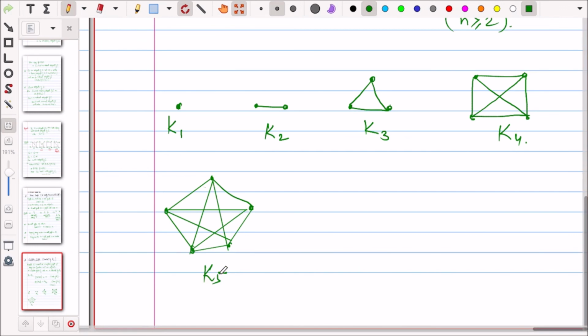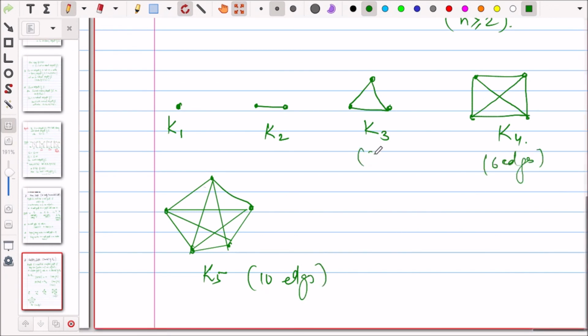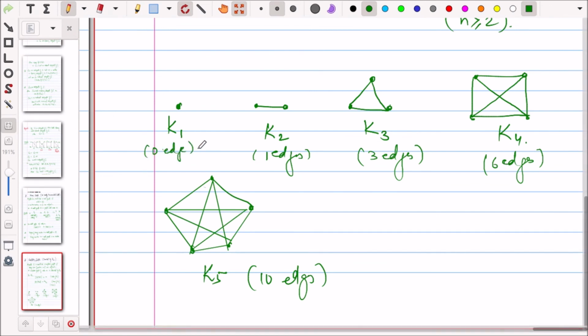With 10 edges, 6 edges, 3 edges, 1 edge, 2 vertices, 0 edge, ठीक है। So these are all complete graphs. Every pair of vertices are adjacent.